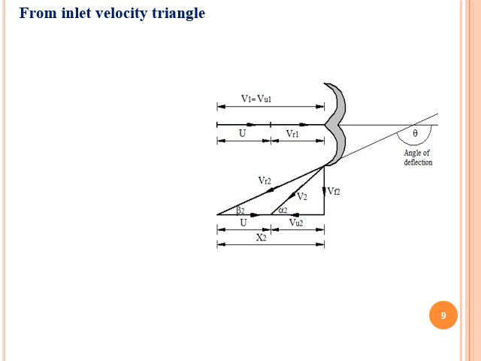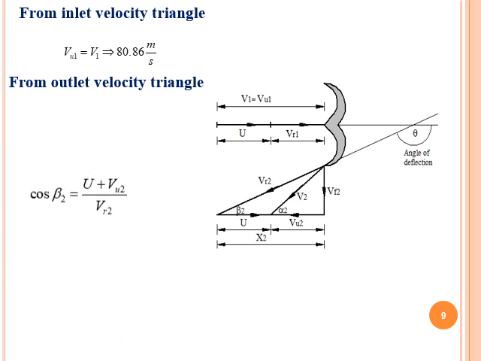From inlet velocity triangle, VU1 is equals to V1, so that is equals to 80.86 meter per second. From outlet velocity triangle, cos beta 2 is equals to x2 by VR2. The x2 is equals to u plus VU2.